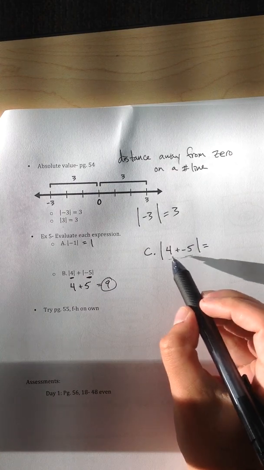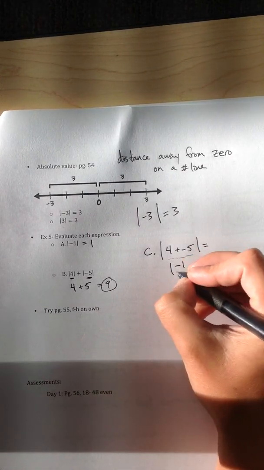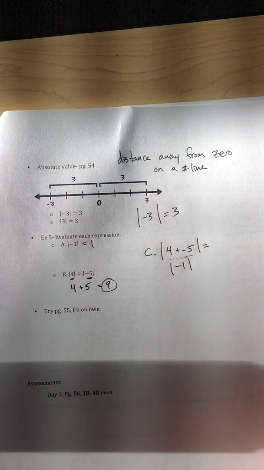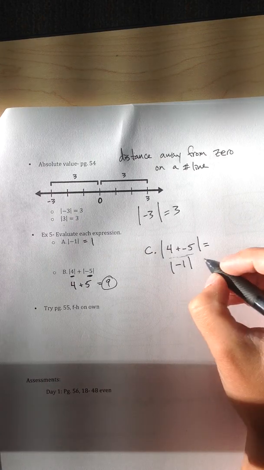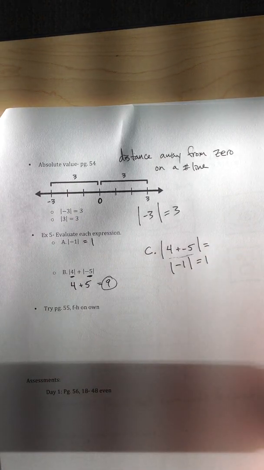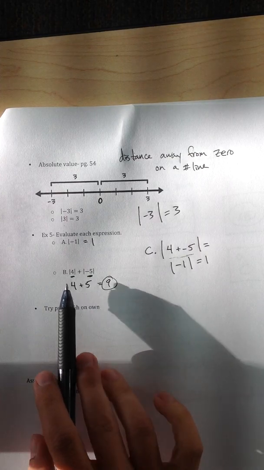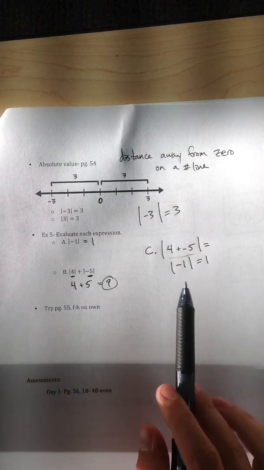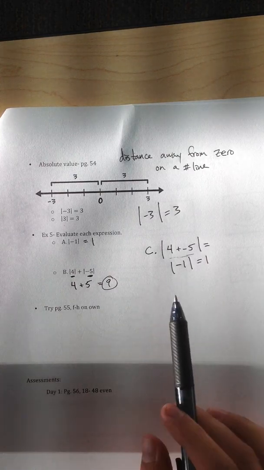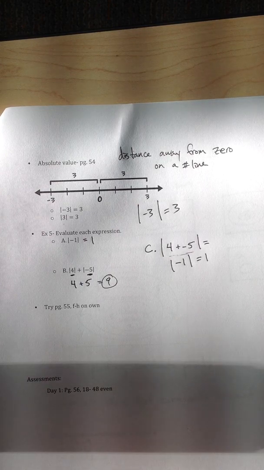So I would want to solve here and do 4 plus -5, which would give me -1, and I still have my absolute value signs. Then I do the absolute value of that, so then my answer would end up being 1. Okay, so kind of see the difference there. These ones I do separately and then combine together because they're in separate absolute values. Here they're in the same absolute value, so I do that part first and then take the absolute value of whatever I got for that inside part.